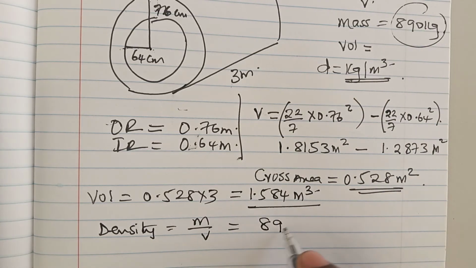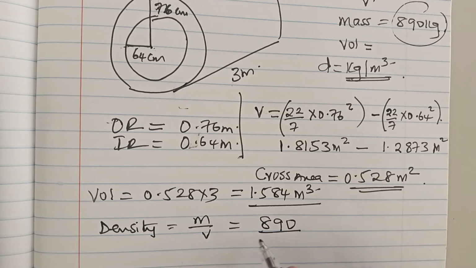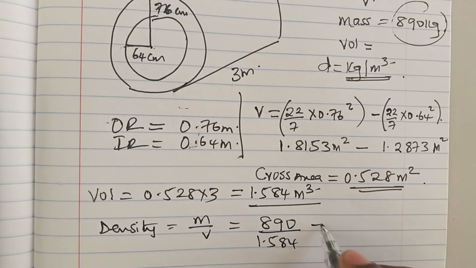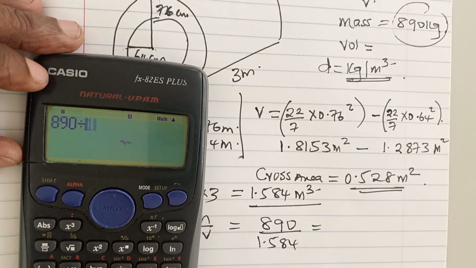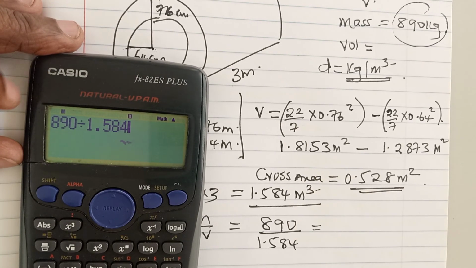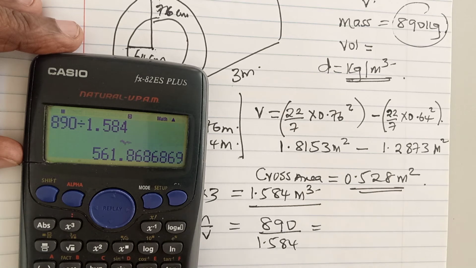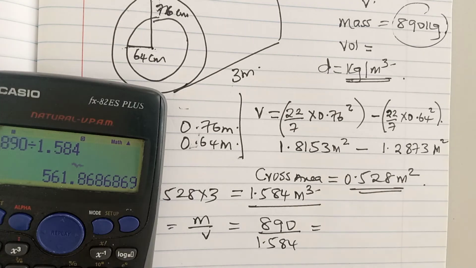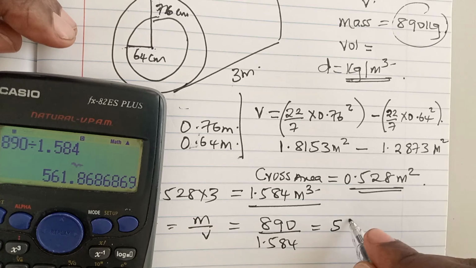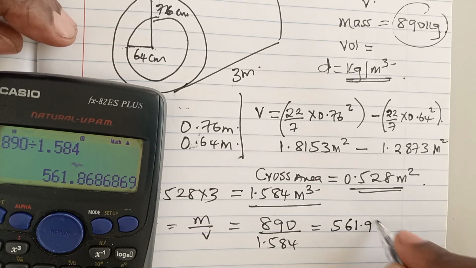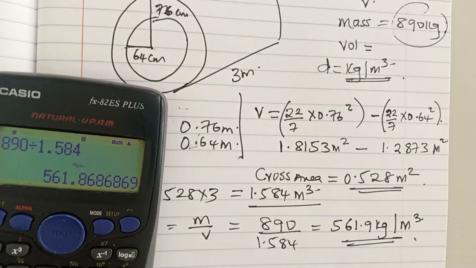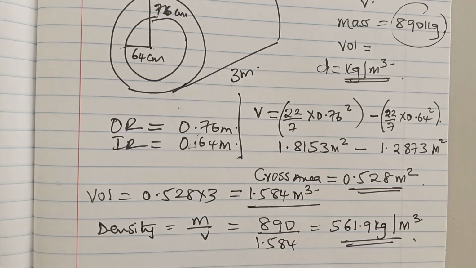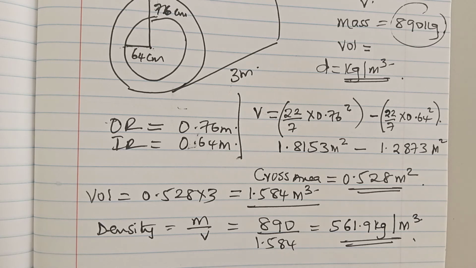So 890 divided by 1.584, we get 561.9 kg for every meter cubed.